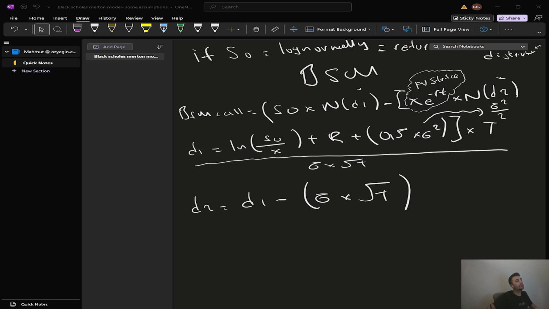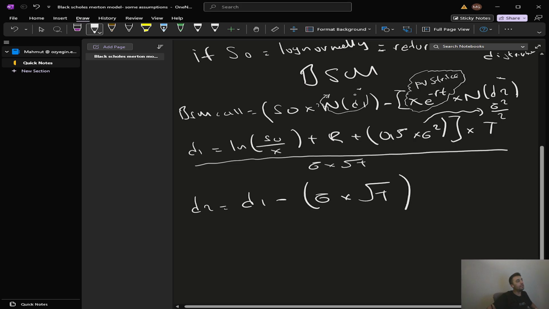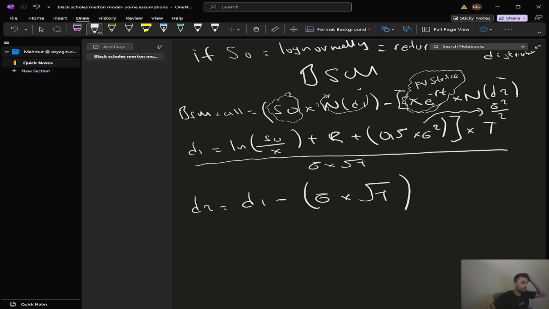This is our probability, and this is our spot price, this is our strike price. Strike, first value of strike.